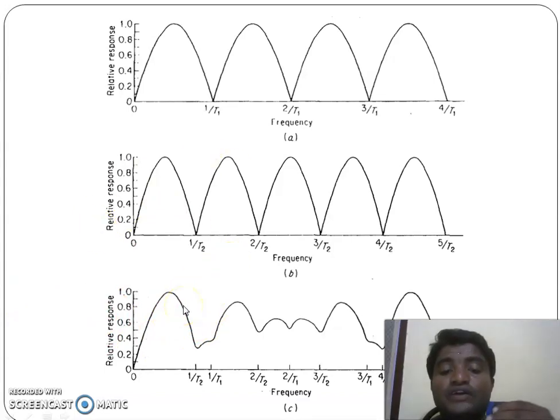On one pulse we are using a pulse repetition frequency of 1 by T1. On the other scan we are using a pulse repetition frequency of 1 by T2. Because of this, we reduce the blind speeds. Here the blind speeds are reduced, and the value of the first blind speed also increases.